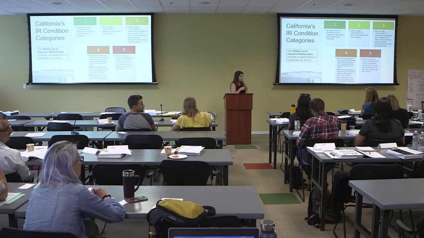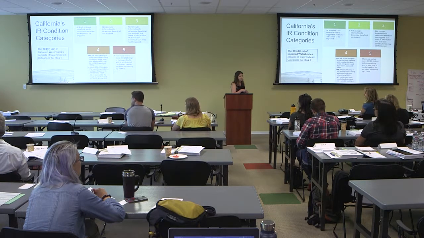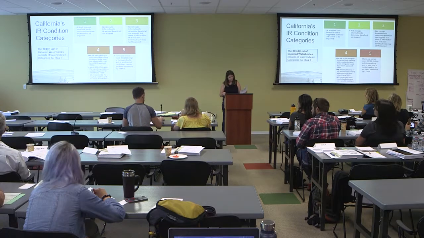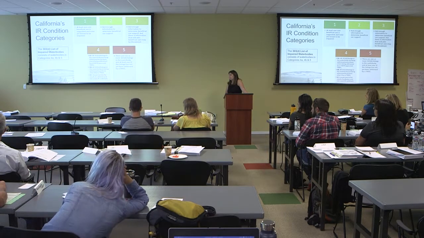So if the overall category, if there's an impairment, it would be in category 5, and then the 5 alt would just refer to the method for addressing the pollutant. But Terry, correct me if I'm wrong on that. No, you're absolutely right. And the 5A, 5B, 5C, when Nick was the 303D person, basically said these are not categories, they're TMDL status. And I think that's a good way to think about it.